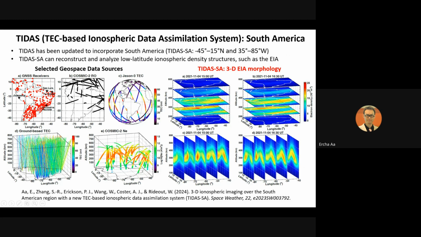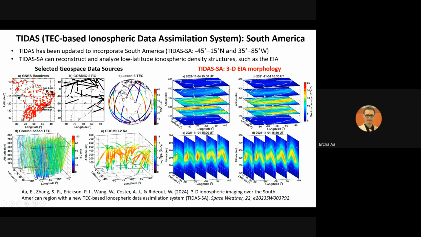That's for TEC. For Cosmic, because there are a lot of radio occultation, that means they are negative elevations. So those TEC are more low elevation, so they can easily go out of our region because this is not a global model. This is only a regional model. If we use the Cosmic TEC, it will go beyond our data assimilation region.